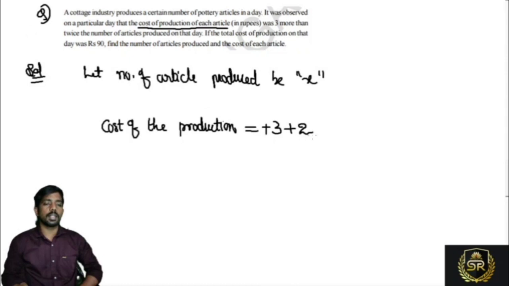Twice x, so this is given as 2x plus 3. So here the cost of the production is 2x plus 3.